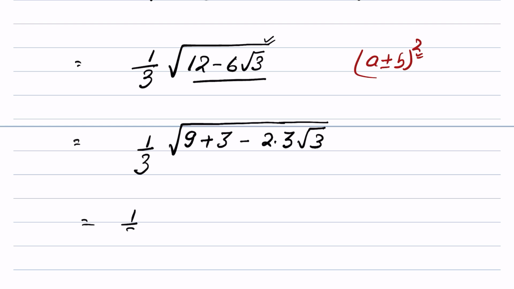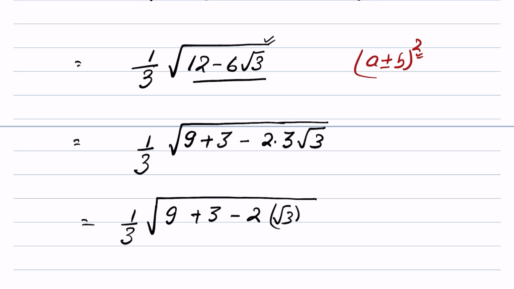Or 1 upon 3, 9 plus 3 minus 2. 3 here we can write square root of 3 square, then times square root of 3, because a under square root, if we want to remove the square root, we square it. So it is equal to a, square root gets removed with the a. So a can be written as square root of a square.